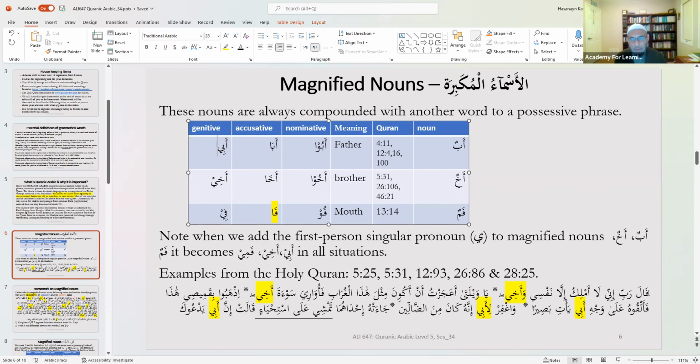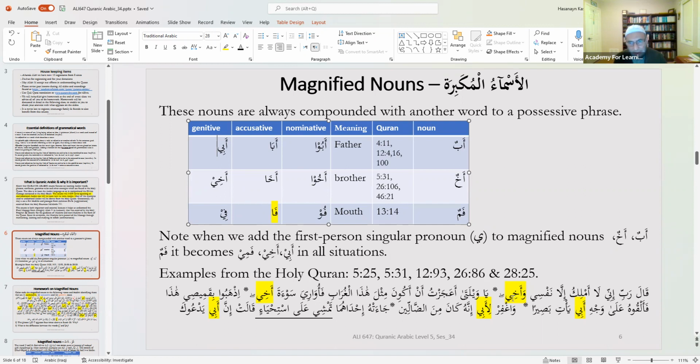And then, of course, examples from the Quran, for example, قال ربي إني لا أملك إلا نفسي وأخي. Here أخي is not genitive.